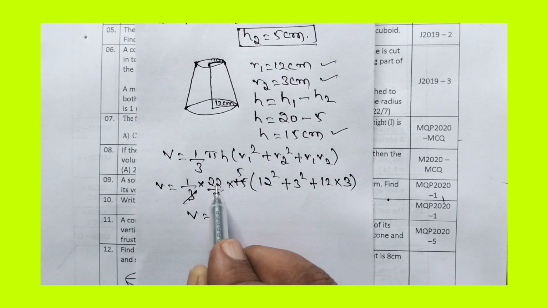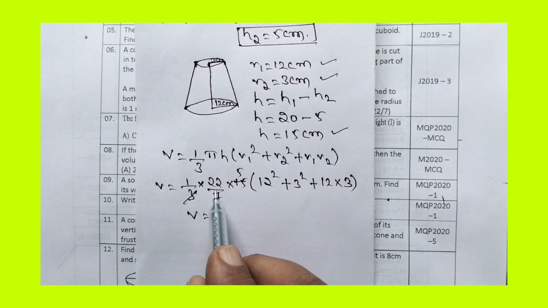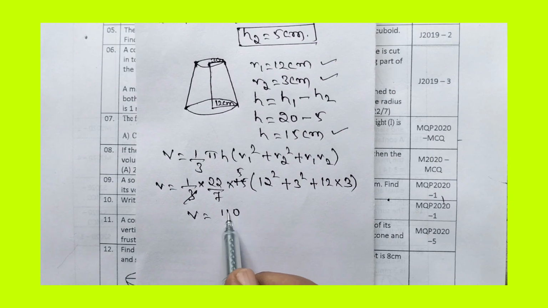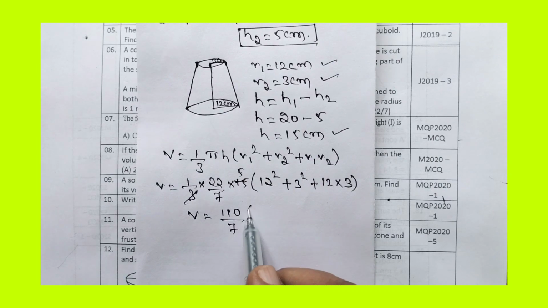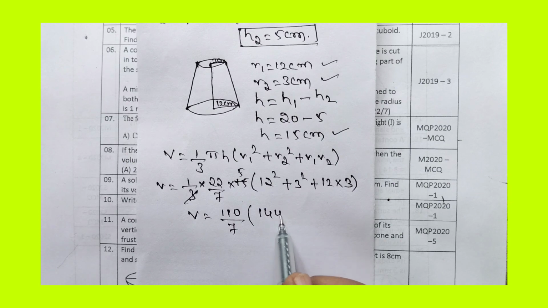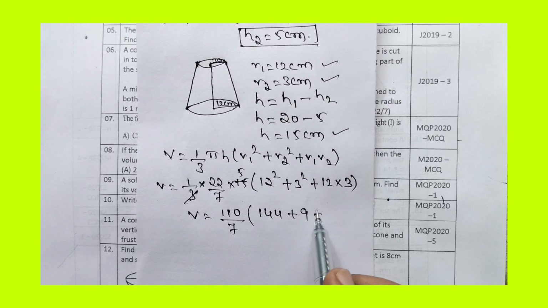So volume is equal to 22 5s are 110 divided by 7 into 12 12s are 144, 3 3s are 9, 12 3s are 36.